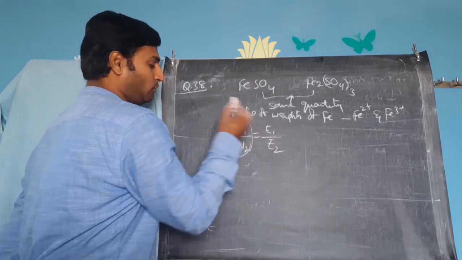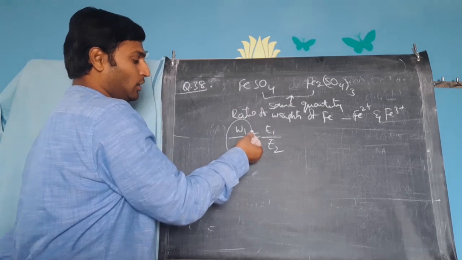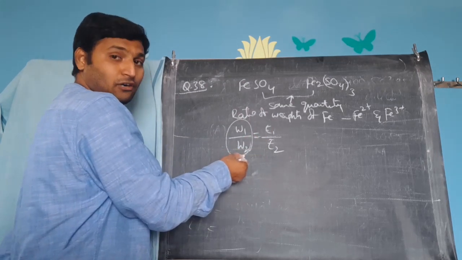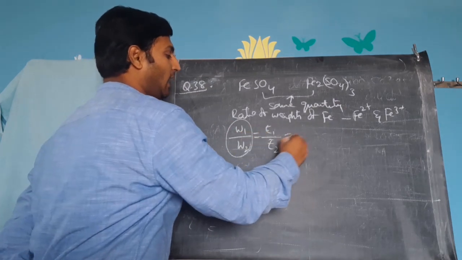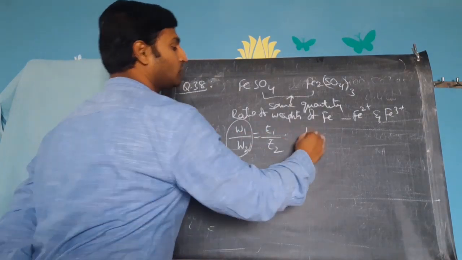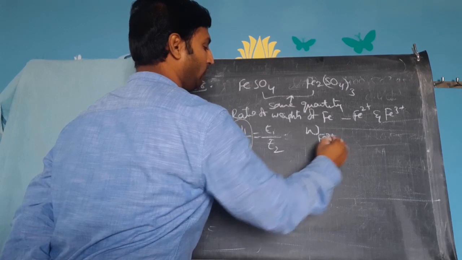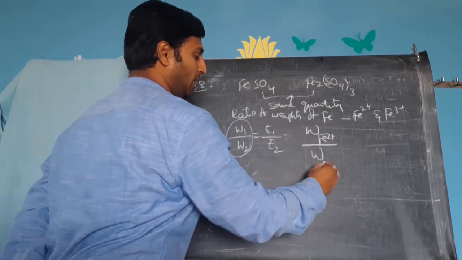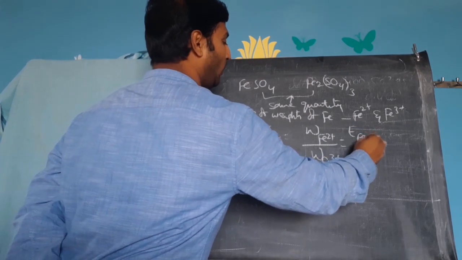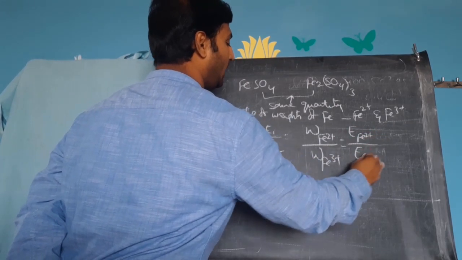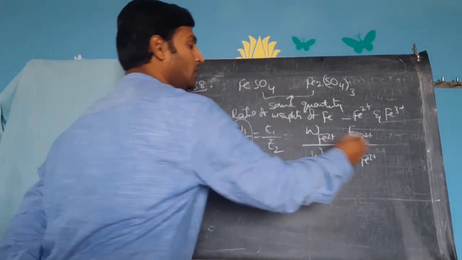So the ratio of the weight of iron deposited at the ferrous solution to the weight of iron deposited at the ferric solution will be equal to the equivalent weight of ferrous ion by the equivalent weight of ferric ion.